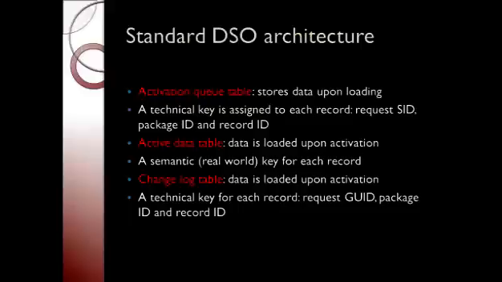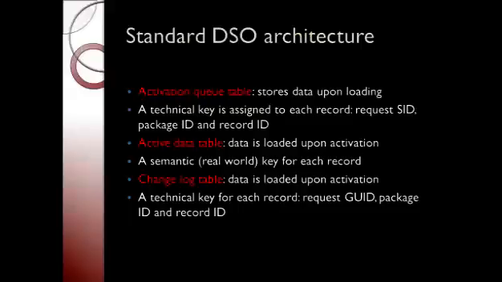And the key is made of 3 fields: the request SID, package ID, and record ID. Okay, so each data load is considered a request by BW. So BW will assign a request SID. S here stands for surrogate. So SID is a surrogate ID assigned by BW to identify each data load.